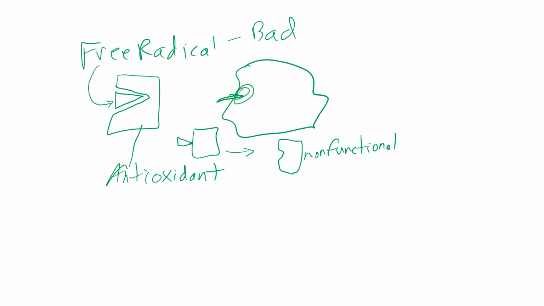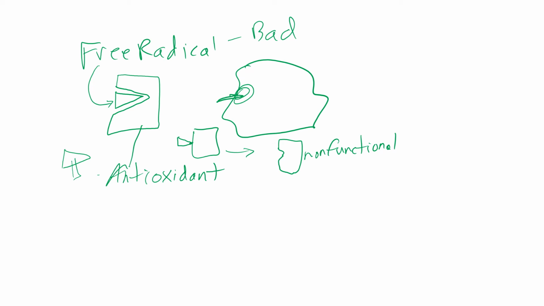Okay, so it can either kind of grab the thing and hold on to it, so the free radical can't do any damage. An antioxidant might do different. Antioxidant might do this. It might be something else that bonds onto this a little bit, making it non-functional.